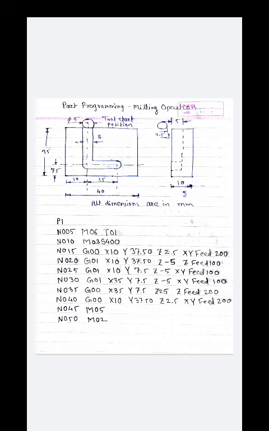Okay, so whenever you do the program, you are supposed to check three major parts. That means whether you set up the program initially, by first of all changing the tool to your current tool, then spindle start, and the spindle's direction, whether it is clockwise or anti-clockwise, also its speed.